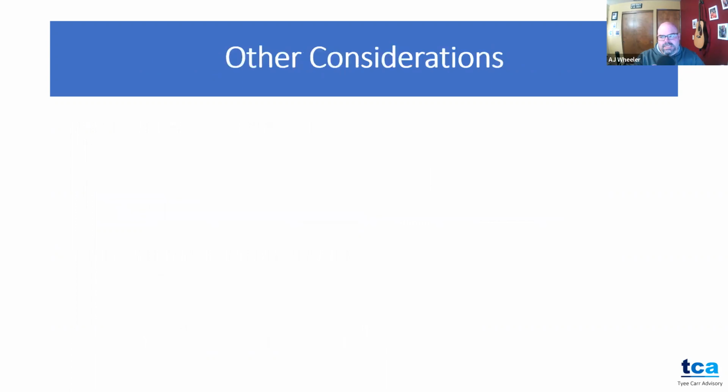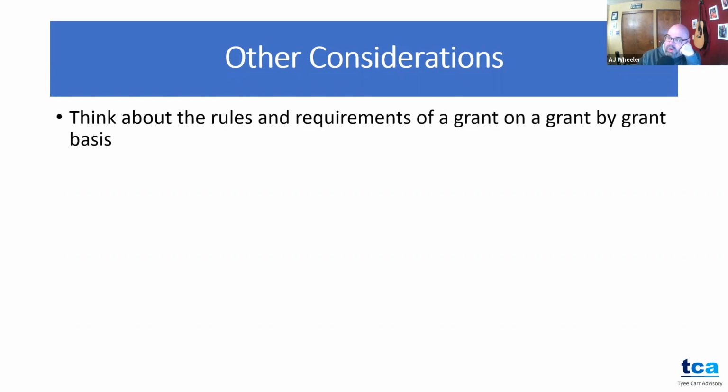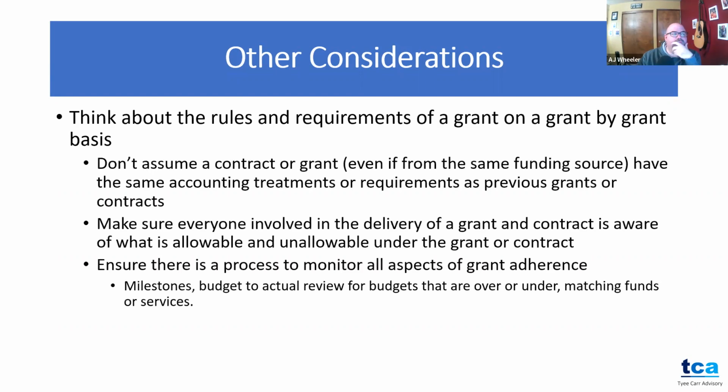So there are other things to consider as a financial department and as a grant manager, to think about the rules and requirements of a grant. Don't just assume that a grant or contract has the same requirements as a previous grant or contract, even if it's from the same funding source.